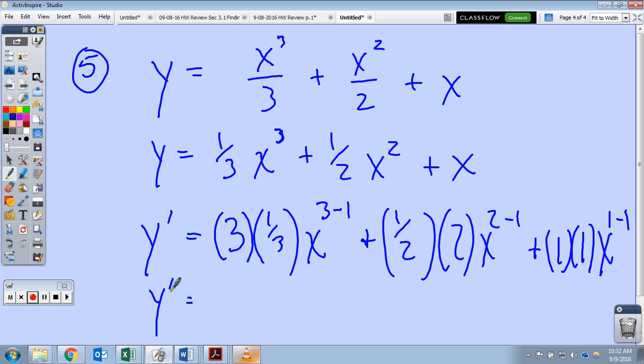So y prime would equal 3 times 1/3, which is simply 1, so you have x squared plus x plus 1. Keep in mind, all the derivatives of polynomials are going to be functions that are just 1 degree less than the original function. That related to the last assignment where we looked at graphs and their y prime and saw the relationship. That's 5.